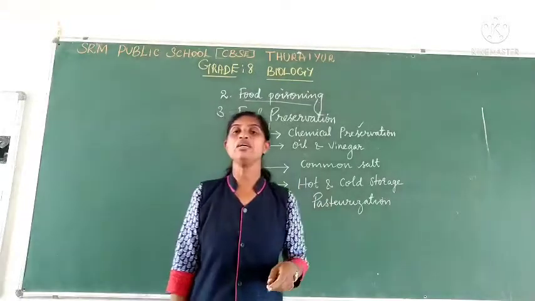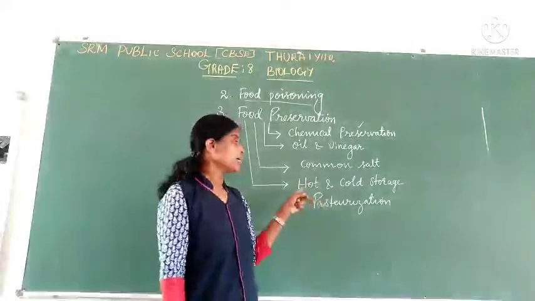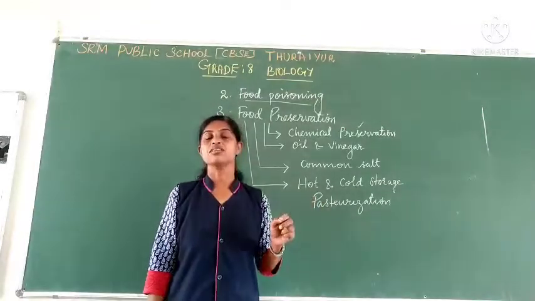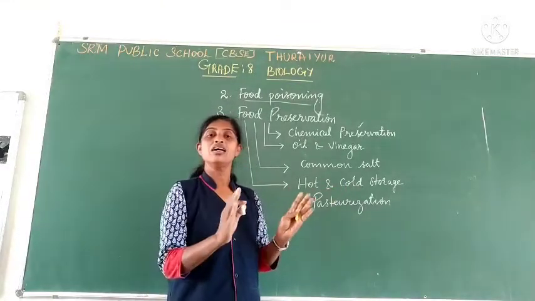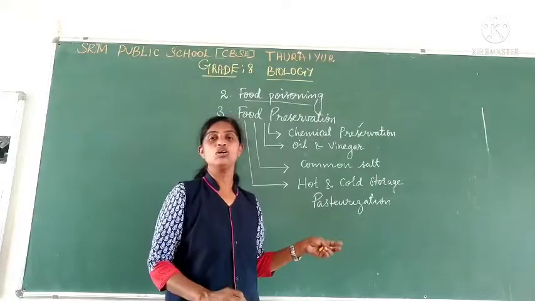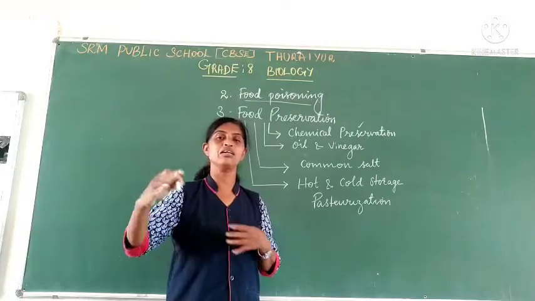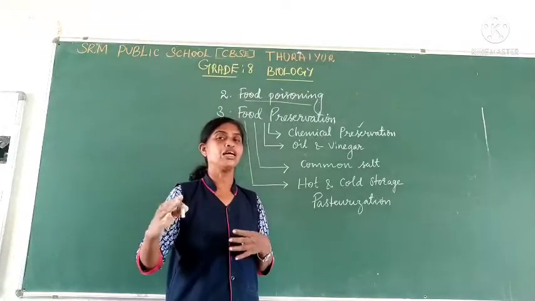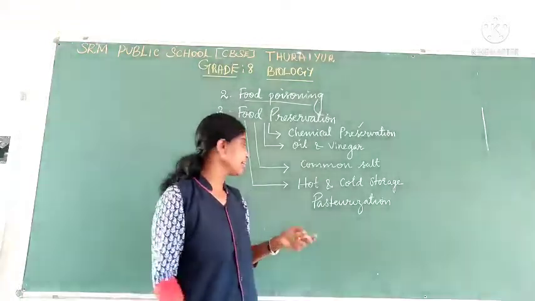Food items can be kept safe without spoilage by heating them, or by preserving in refrigerated cold storage. Understand? So if you do so, you can extend the life of these foods for many days.